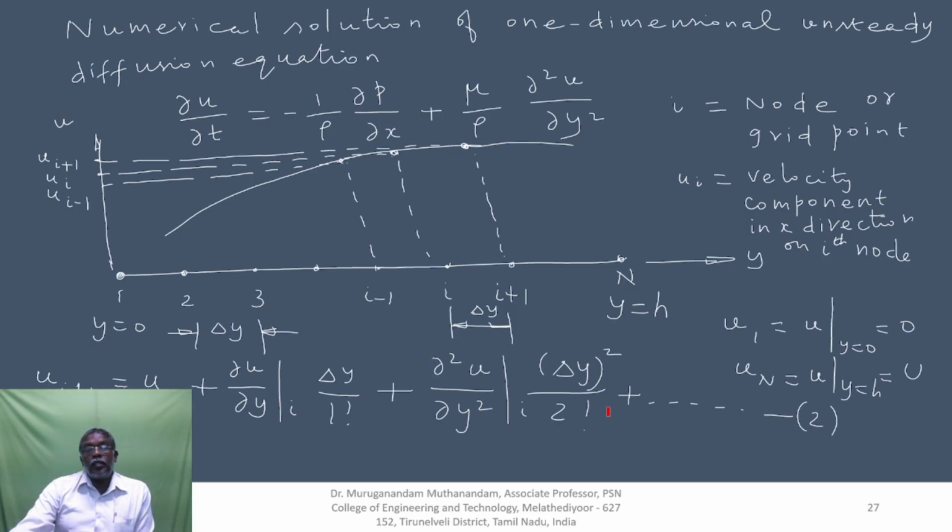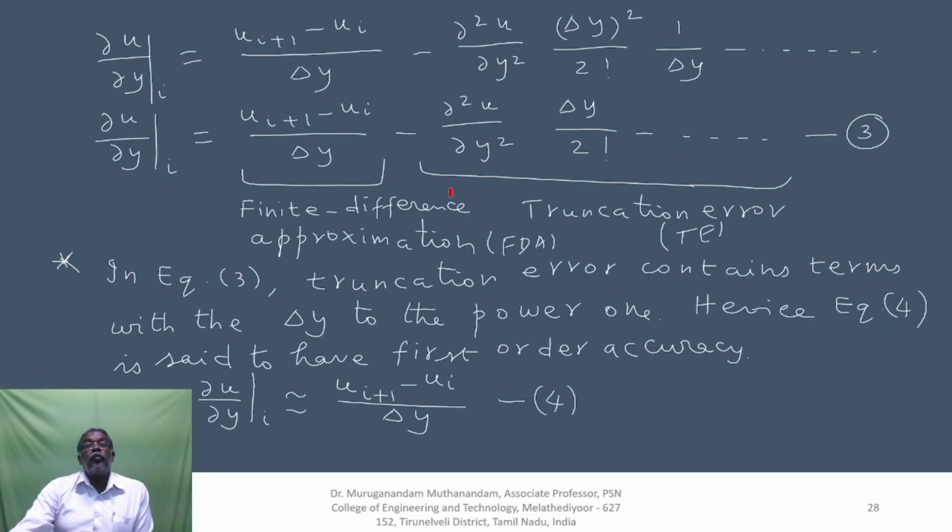And this third term on the right hand side, when it comes to the other side, it becomes minus partial square u upon partial y square, delta y square upon 2 factorial, 1 upon delta y, minus etc. Now we find this gradient of the x component of velocity along the y direction at grid point i is a function of ui plus 1, ui, partial square u, delta y, etc.